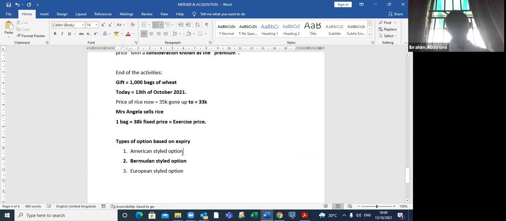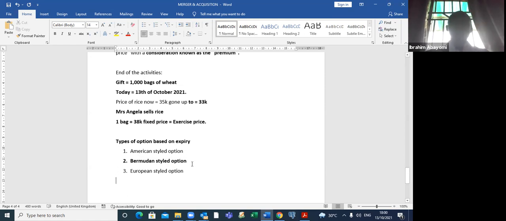And don't forget, I said an American option can be exercised when? Anytime between when you enter into the contract and when the contract expires. European is on the last day. Bermuda is on specified days within when the option is formulated until the expiration.